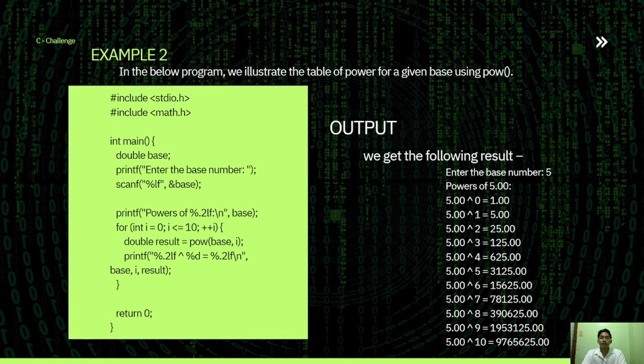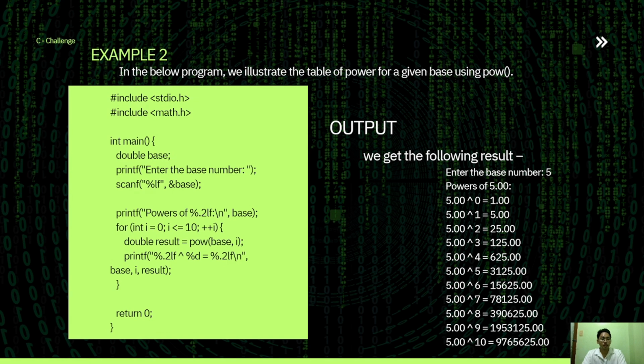Example 2. The below program illustrates the table of powers for a given base using pow. When we run the code, this is the output. Double base, power of 2, starting from 0 up to less than or equal to 10.